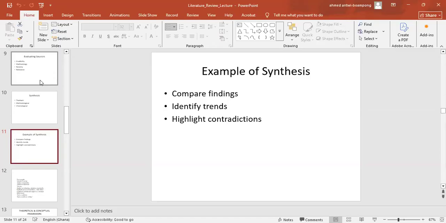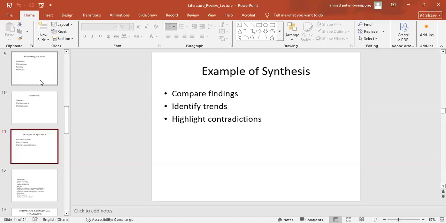So in terms of synthesis, right? Instead of saying maybe author A found this and author B found that and so on, right? We can say, when we understand how to do the synthesis by comparing findings, identifying trends, and highlighting contradictions, we can say, for example, studies on blended learning adoption, right, consistently highlight what?